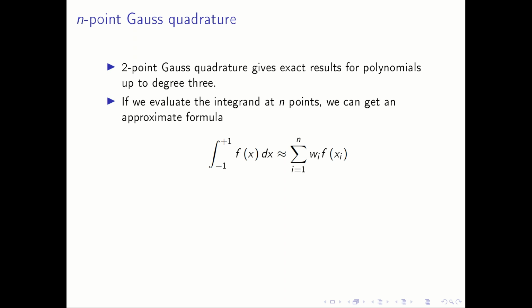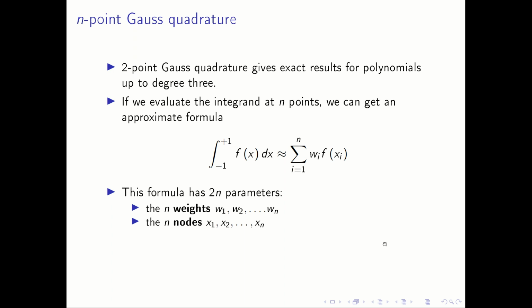Now, how many parameters do we have here? 2n, right? There are n weights, w1, w2, up to wn, and n nodes, x1, x2, up to xn. Why these are called nodes will be clear soon. So these are the points at which the function is going to be evaluated. These are not nodes of the function. Of course, if these had been nodes of the function, then the integral would have been 0.